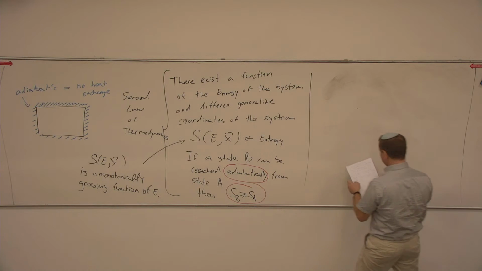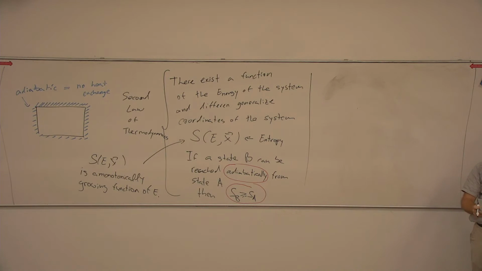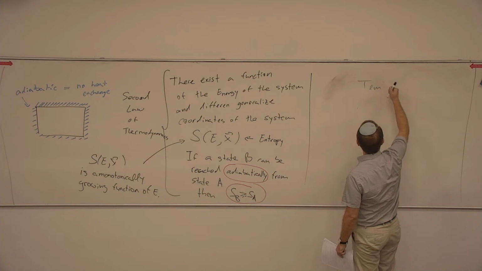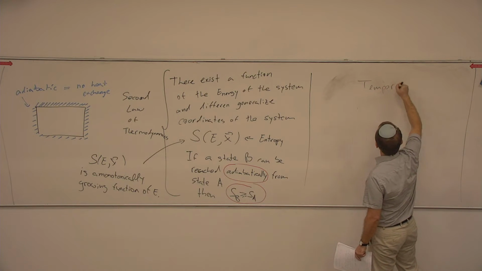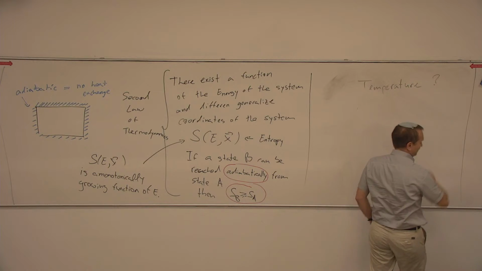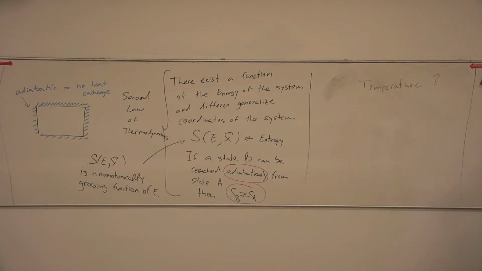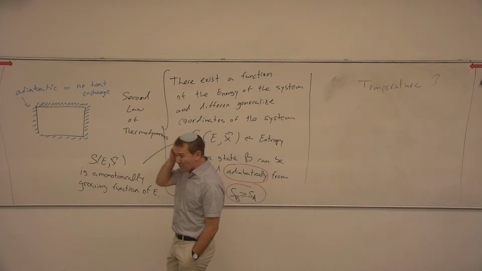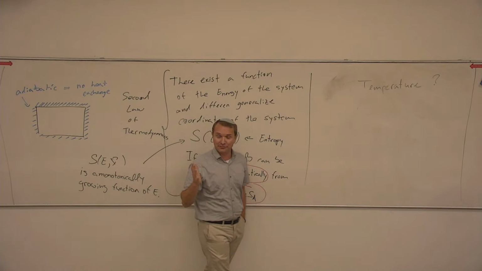So what I want to do is use these properties and define additional quantities. Specifically, I want to define temperature. Because entropy I cannot understand, heat I don't really know what it is, but temperature I have a feeling about, right?